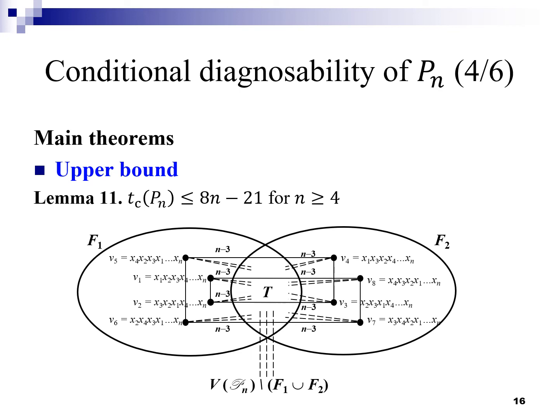We now come to describe our main theorem, which is divided into 2 parts. The first part, we consider the upper bound of the conditional diagnosability, which is described as the following lemma 11.